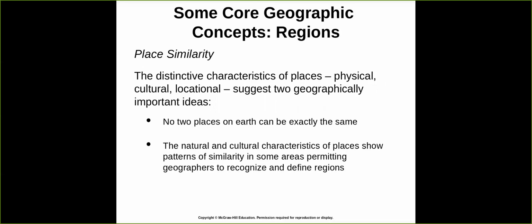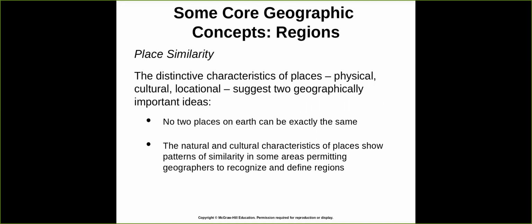Regions then are sort of the result of this, where we're dealing with this concept of place similarity. So we have our definition of place, we have this physical content and this cultural content and the locational aspect, and we know that no two places on Earth are exactly the same, right? But we can begin to look at the attributes of these different places, and we can determine that some places are more like each other than other places.